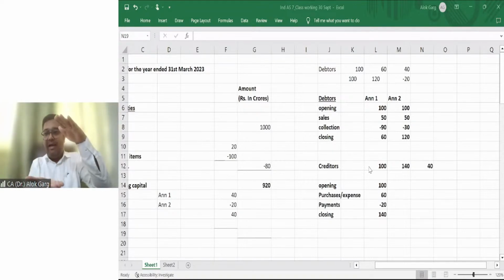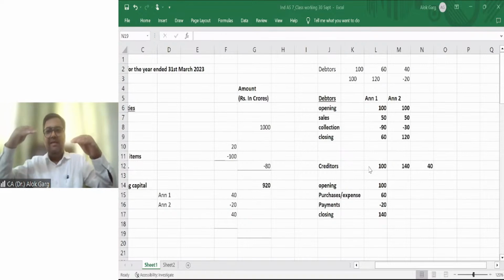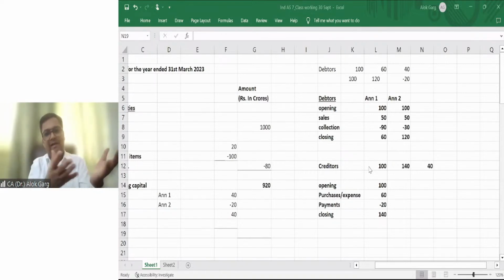So we have to add this provision to my profit before tax to arrive at a cash profit. Then we have to adjust your investing and financing item, right? Then now we are adjusting the difference between opening and closing balance of the working capital, means current assets and current liability. And why? I have already given you the reason, right? Is that clear, Pooja?